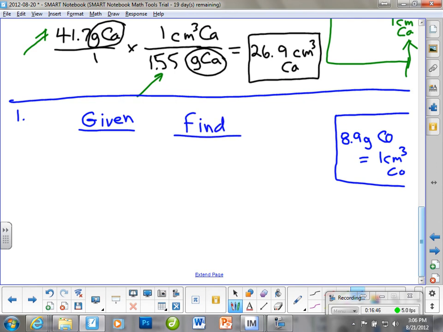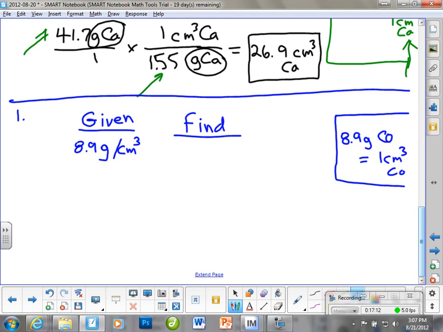And the given for cobalt is, what did I say, 8.9 grams per centimeter cubed. And on the sidebar I have the equality.